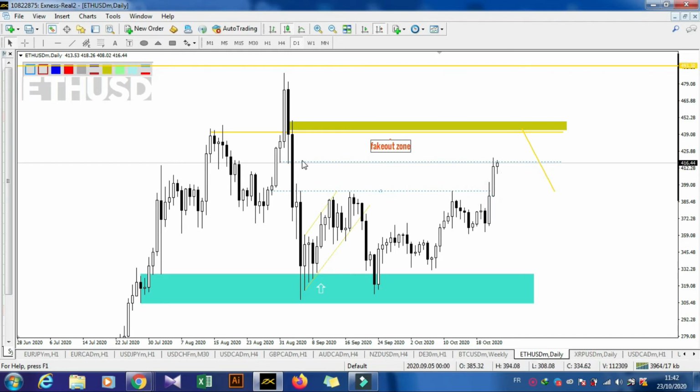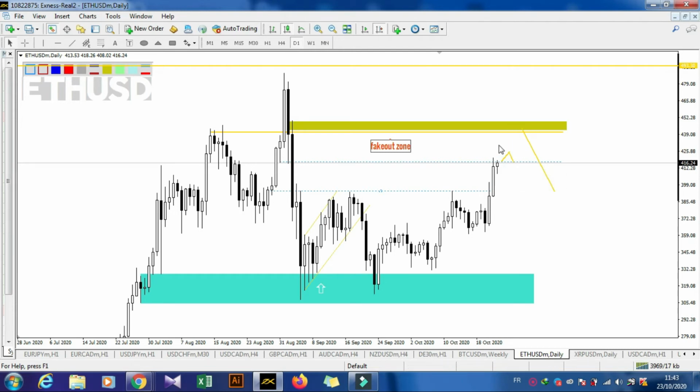We go here, we see another key level, where we have support here and a resistance here, so maybe the price will break from here, retest, and go to the area that I see as our area.